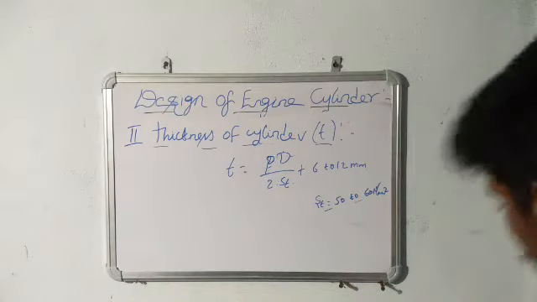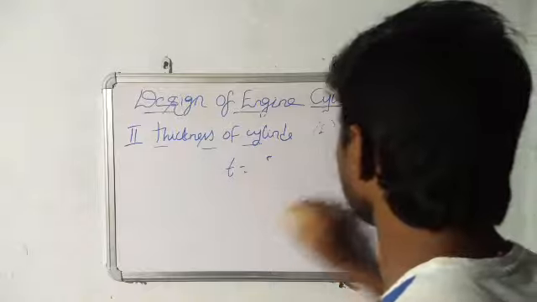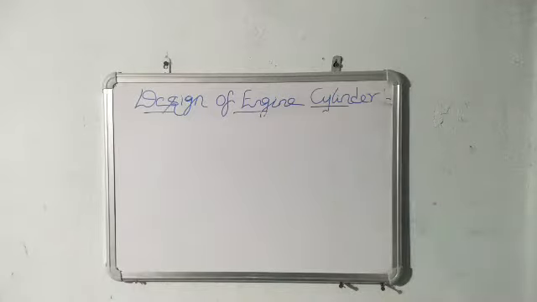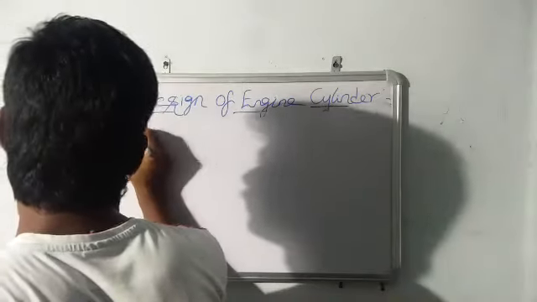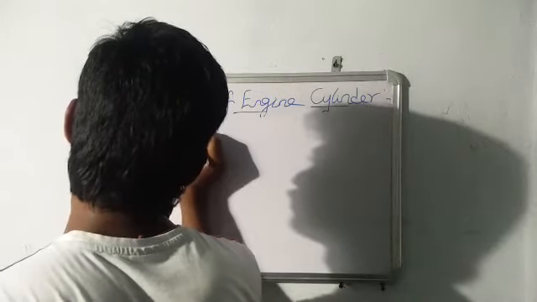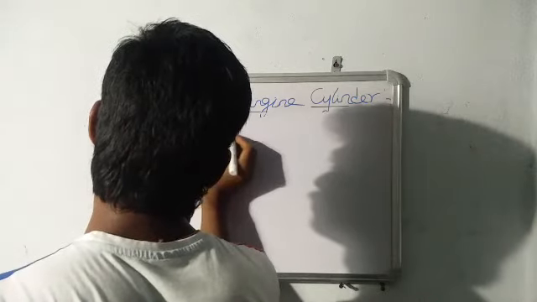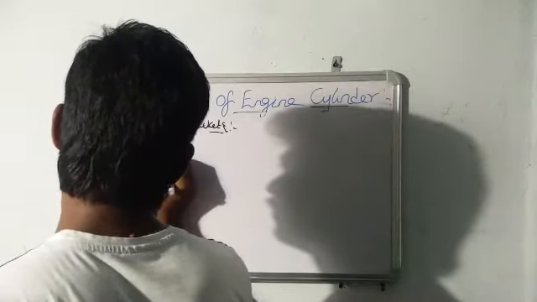This is the second step, and go to the next step, that is the design of the water jacket. In the design of the water jacket, some minor steps are involved. So let's see that one. The first step is the thickness of the liner.